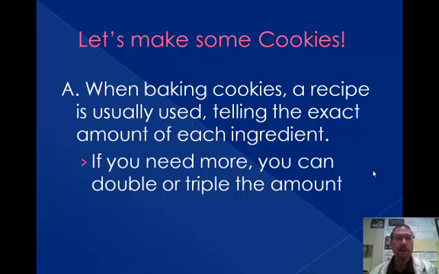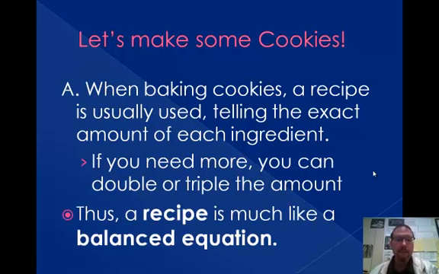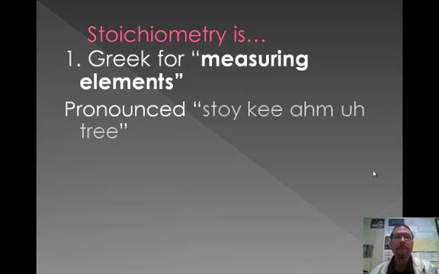If you need more cookies, you just double how much sugar or eggs or milk or oil or chocolate chips you put into it, and you can expect a certain amount out, which is a lot like a balanced equation. Those coefficients in a balanced equation show you the relative amounts of each ingredient or reactant and the relative amounts of each product, what you expect to get out of there.